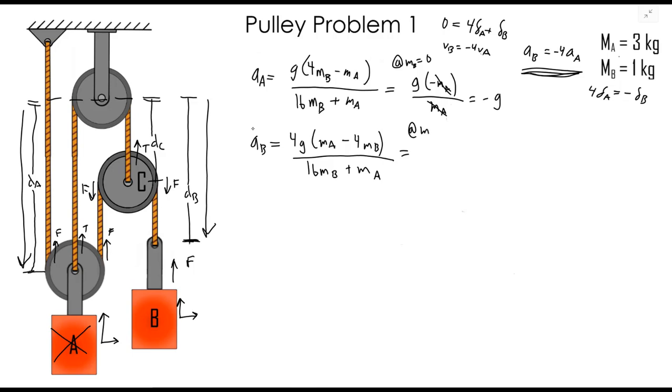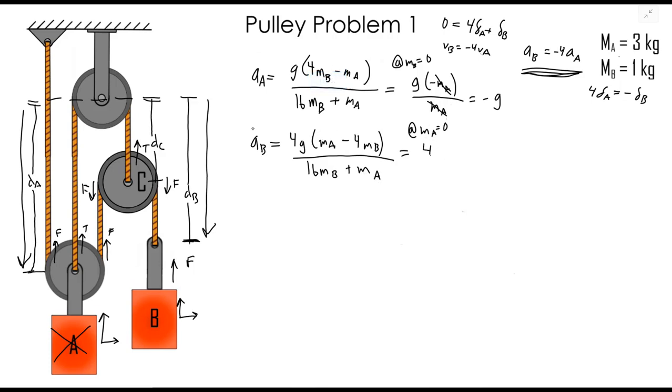So at MA equal to 0, what do we get? So MA equals 0, so that's 0. It's just going to be this over this, and then that times on the outside as well.